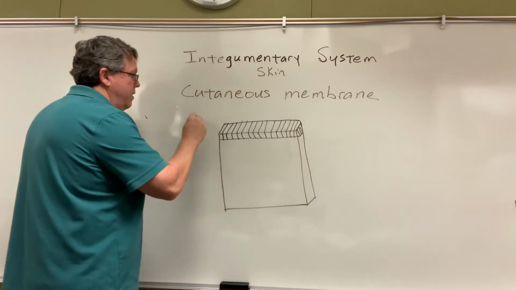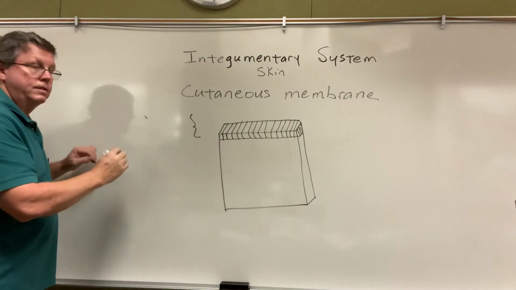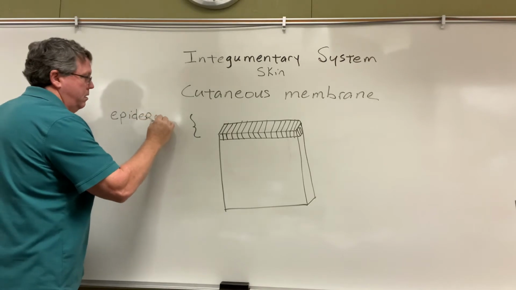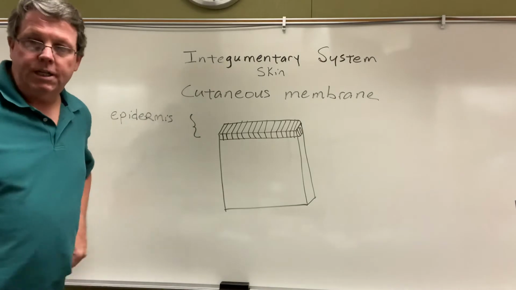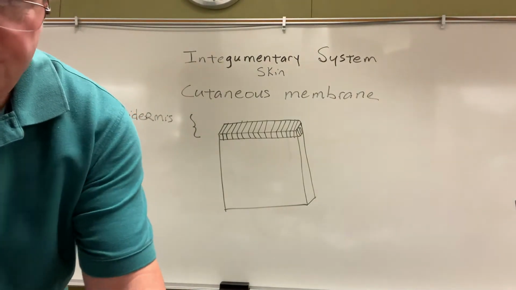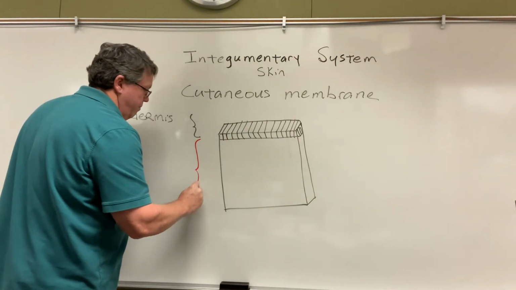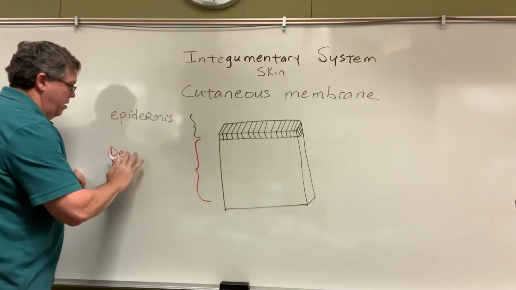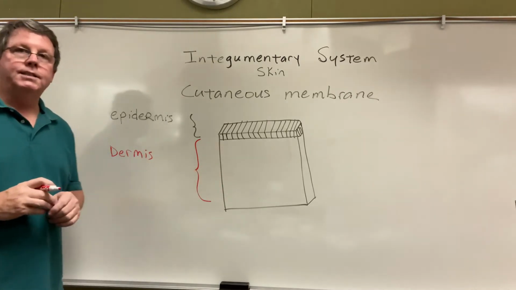And like I said, this is going to be called the epidermis. Okay, so there's the epidermis. Then the next portion is going to be the dermis. That's going to be this larger portion that's in here. Okay, and this is going to be the dermis. Okay, and that's this middle portion that's in here.